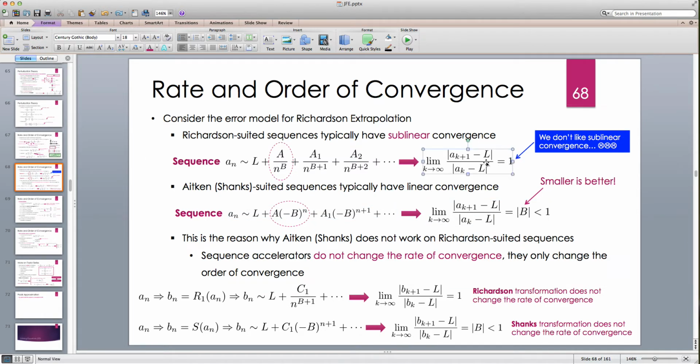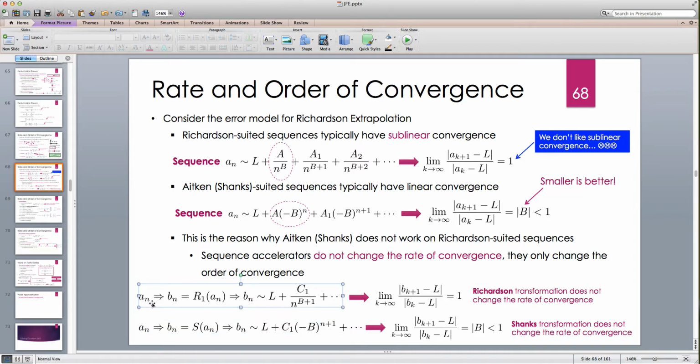And because the rates of convergence of these two types of error models, these two types of sequences, are fundamentally incompatible, 1 versus magnitude of b, if we apply one transform on the other one, there is no gain, because in order for these transforms to work, the rate of convergence must be compatible. All right. So here I'm just showing the Richardson and Shanks, for example, or Aitken.